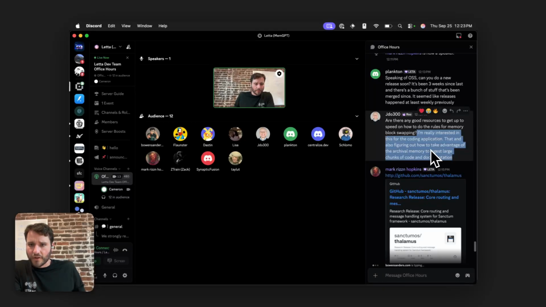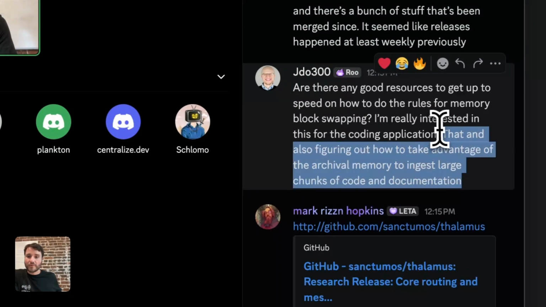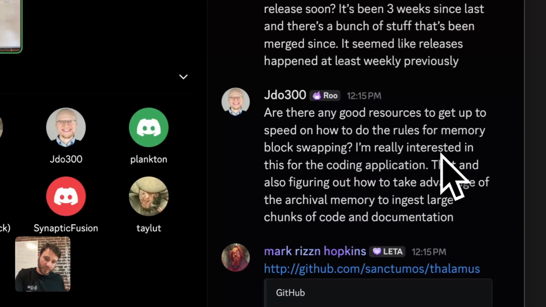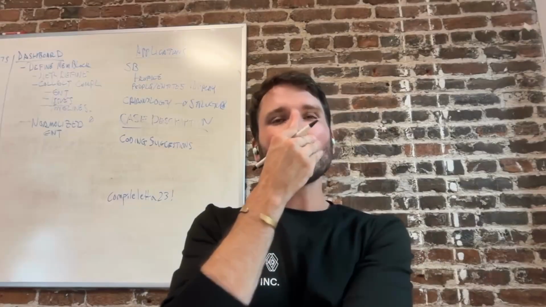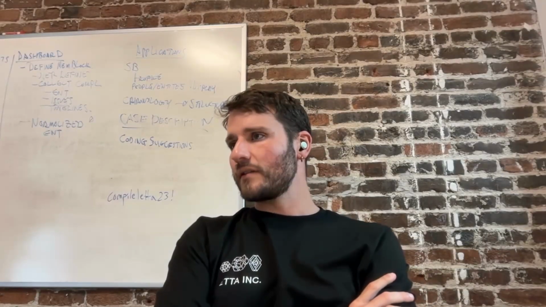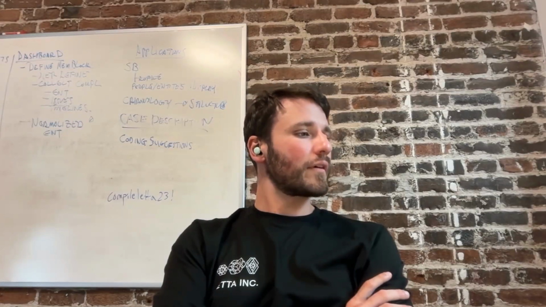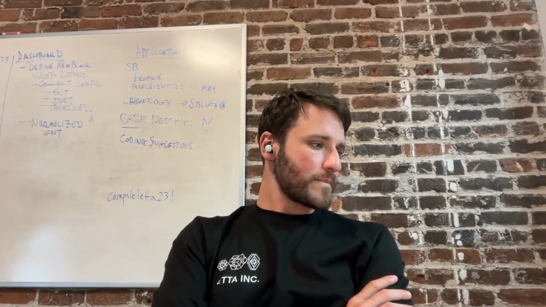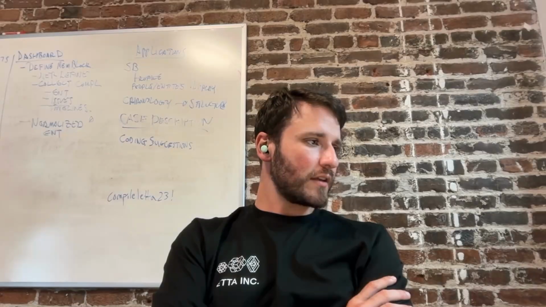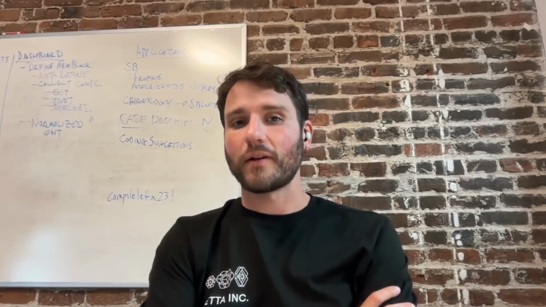Jason also had a follow-up question: I'm interested in this for the coding application, and also figuring out how to take advantage of archival memory to ingest large chunks of code and documentation. Ingesting code is interesting because archival memory, in my view, is not particularly easy to modify right now.